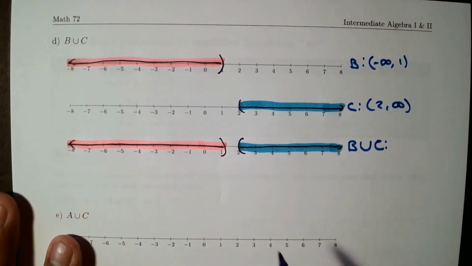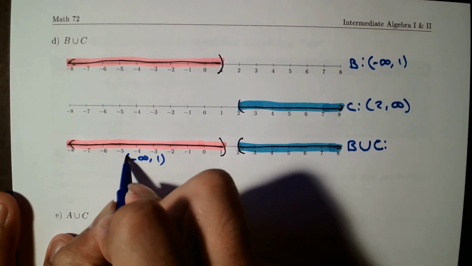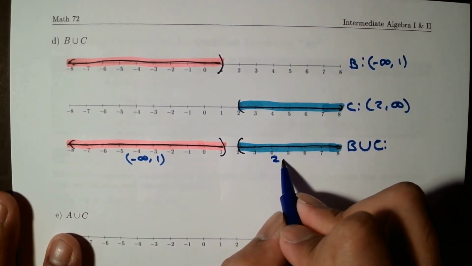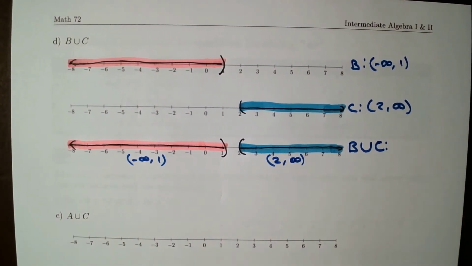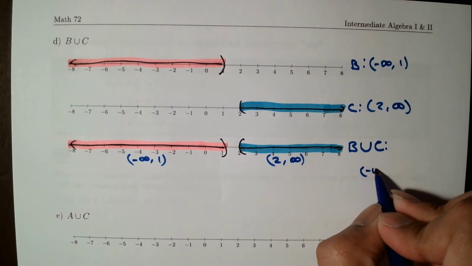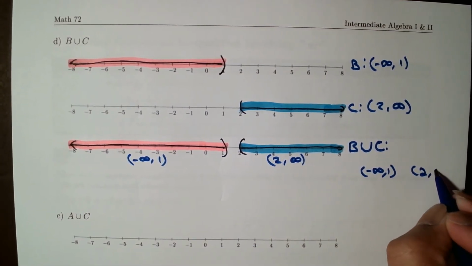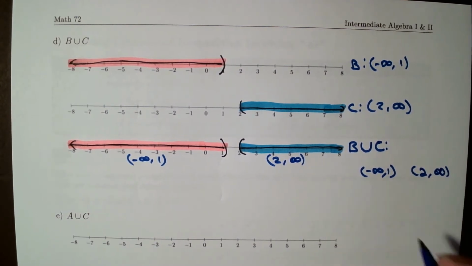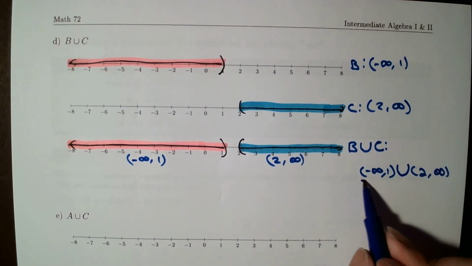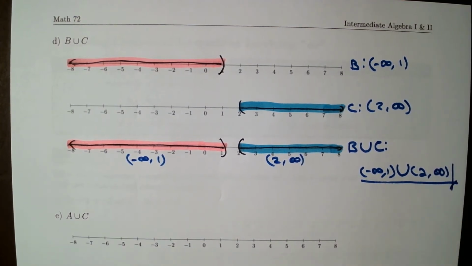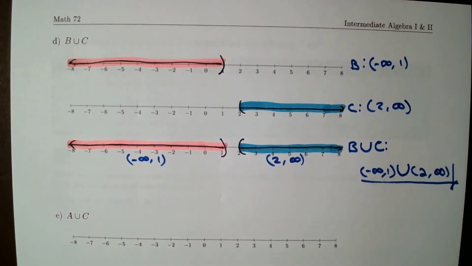So how are we going to denote them? This is negative infinity to 1, and this one is 2 to infinity. All we do is simply write them down together: negative infinity to 1, 2 to infinity. In the middle of it, we put a union symbol, because we're looking for the union. We're connecting these two together.